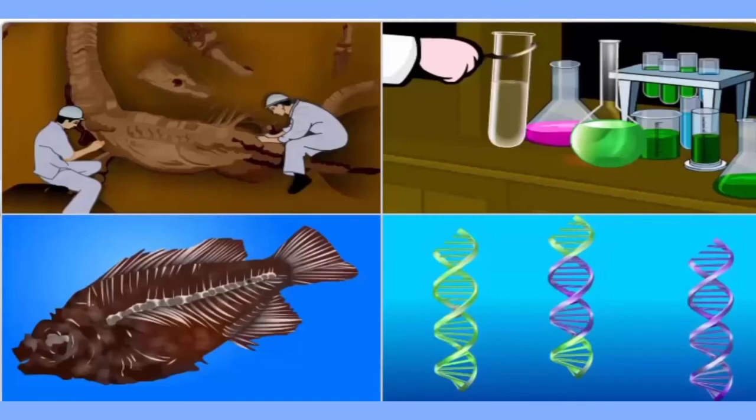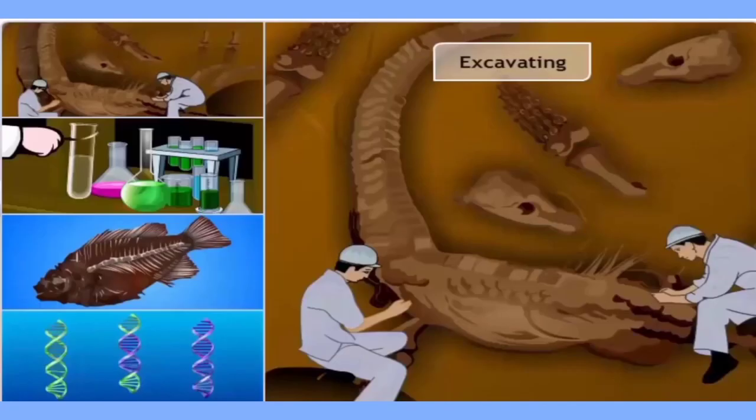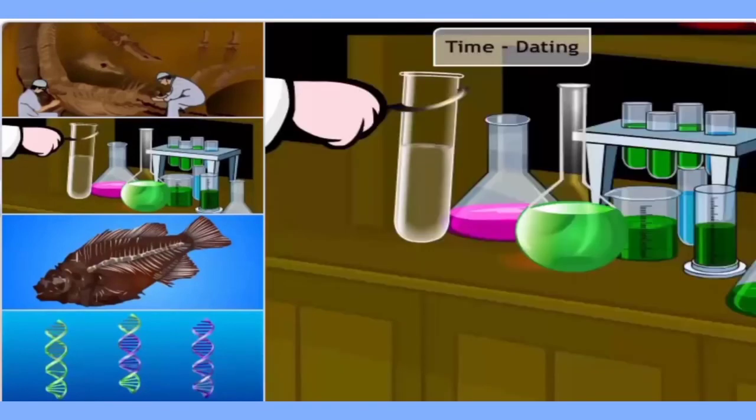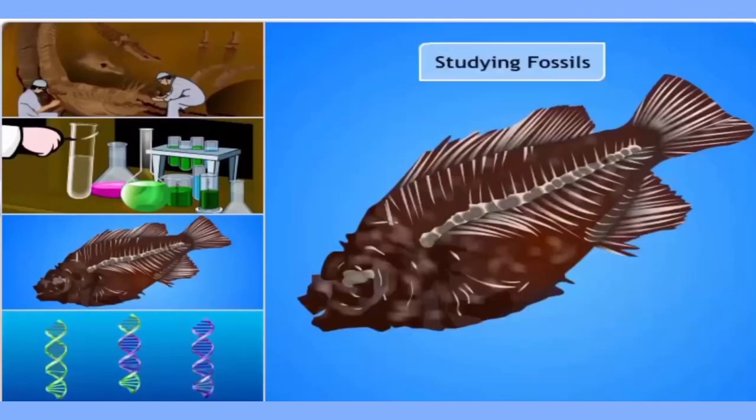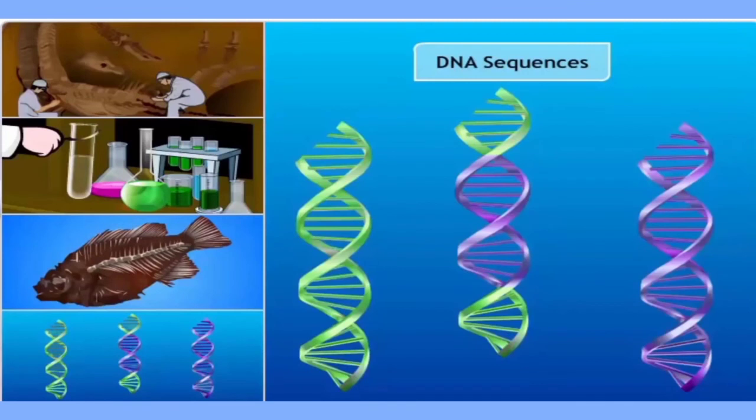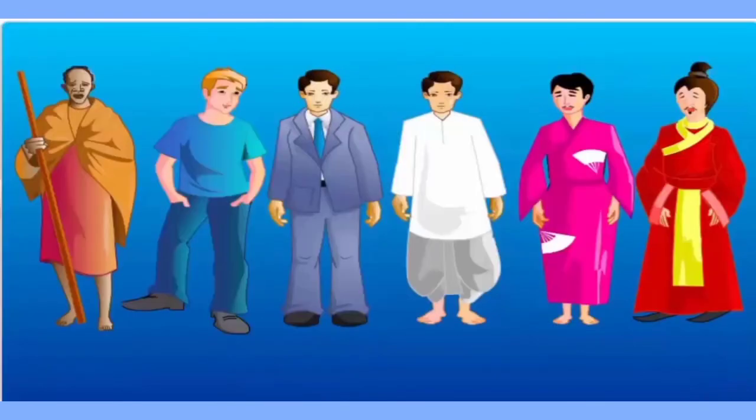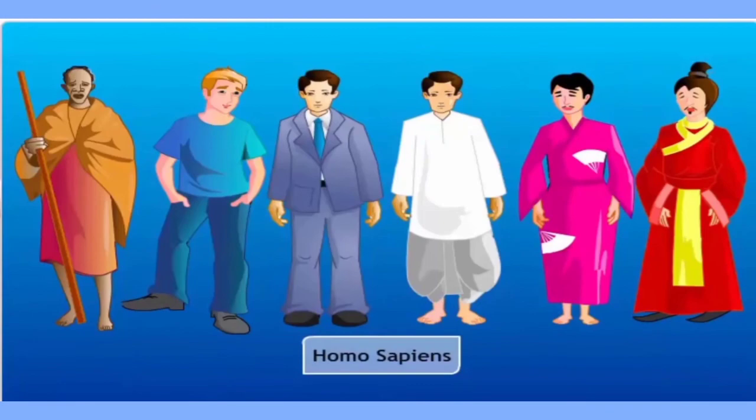The tools for tracing evolutionary relationship like excavating, time dating, studying fossils, and determining DNA sequences have been used for studying human evolution. All humans are a single species.